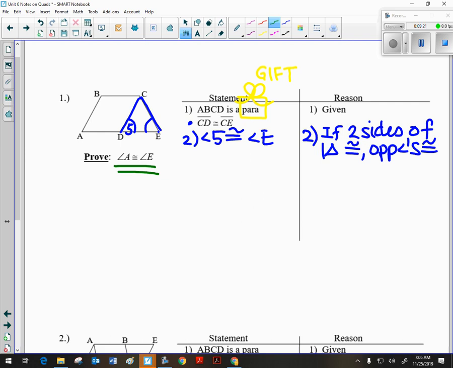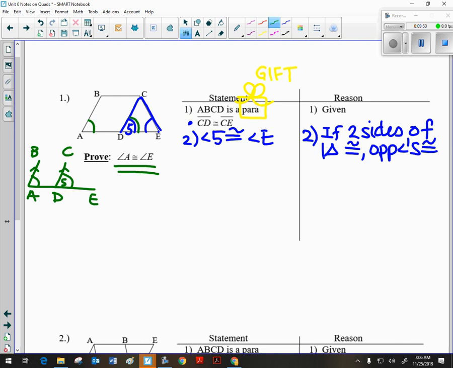So one of the things that I notice is that this angle A here is actually congruent to the angle that I called angle 5. Remember from previous units, if you have an F shape, and the angles in the little pockets of the F are congruent to each other, I'm sorry, I'll take that back. If you know that the lines are parallel, you know that the angles in the little pockets of the F are congruent to each other.